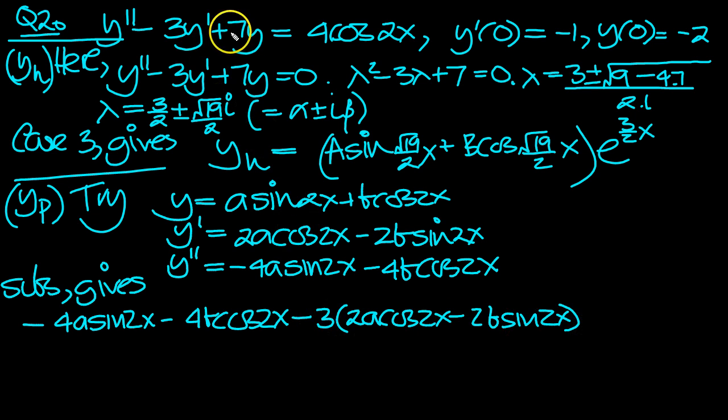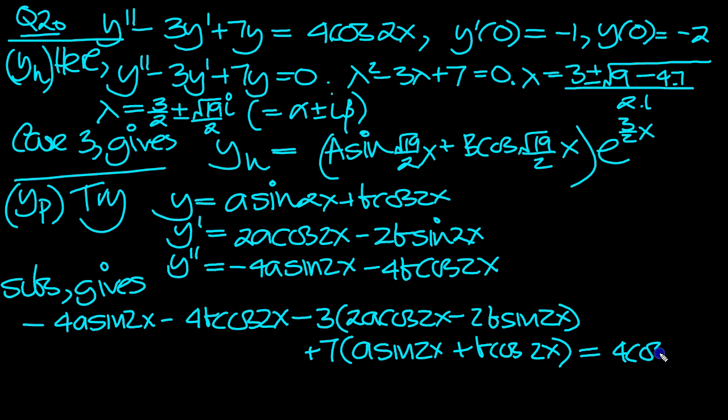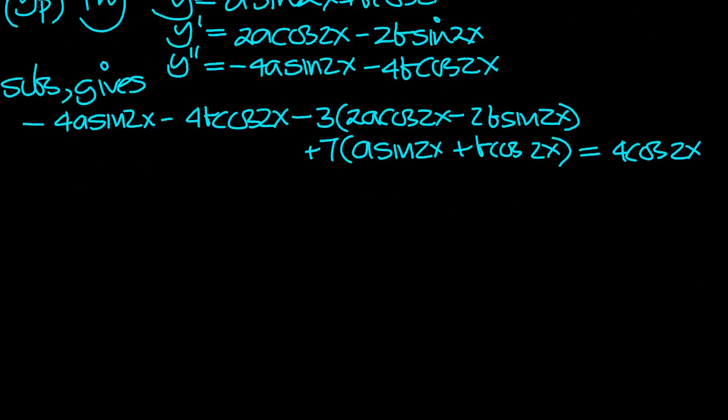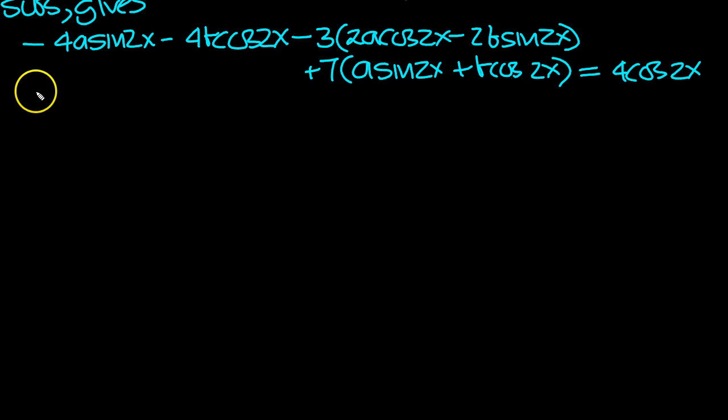That's that one. Plus 7y. So plus 7 times y, which is a sine 2x plus b cosine 2x equals 4 cos 2x. So the sines and cosines are linearly independent, so we can equate the coefficients and work out a and b.